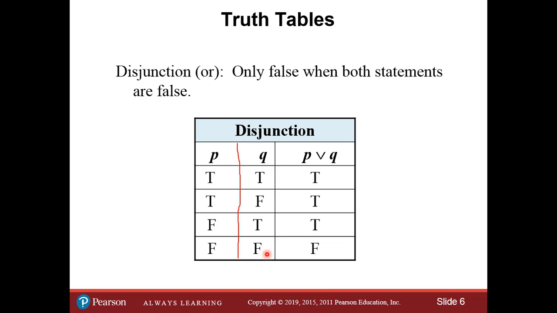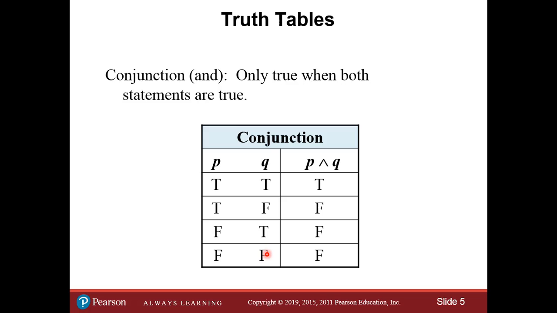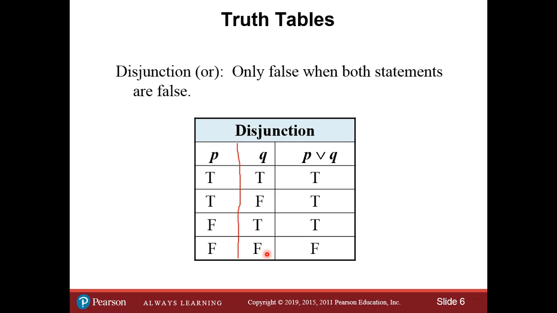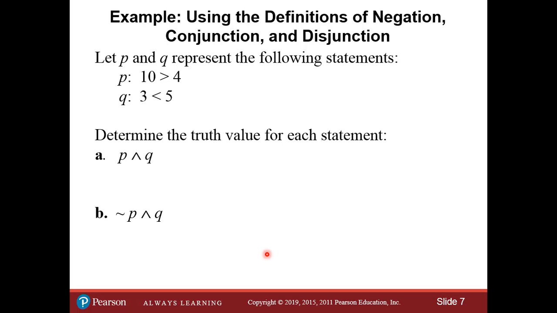So a disjunction is only false when both simple statements are false, in comparison to a conjunction, where the only time it can be true is when both simple statements connected are true.